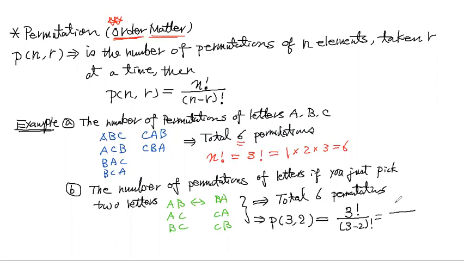So this will be 3 factorial over 1 factorial, right? So 3 factorial is 6, so we have 6 over 1, so it's 6. So that's how we get the answer: we have 6 different ways if I take out 2 letters from it.